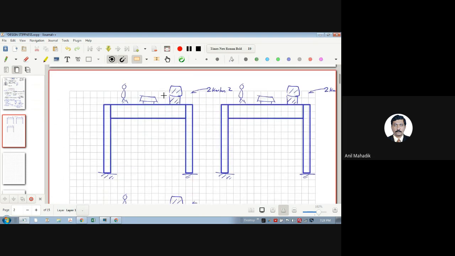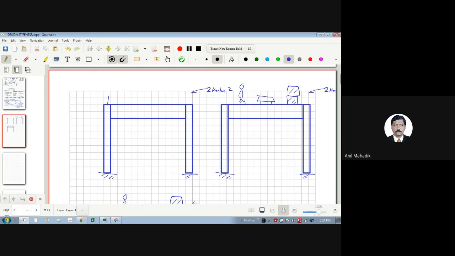Now, due to some reason, let's say in future, the client is not aware of the structural design, and by mistake or due to his lack of knowledge, lack of awareness, he has put a lot of load.